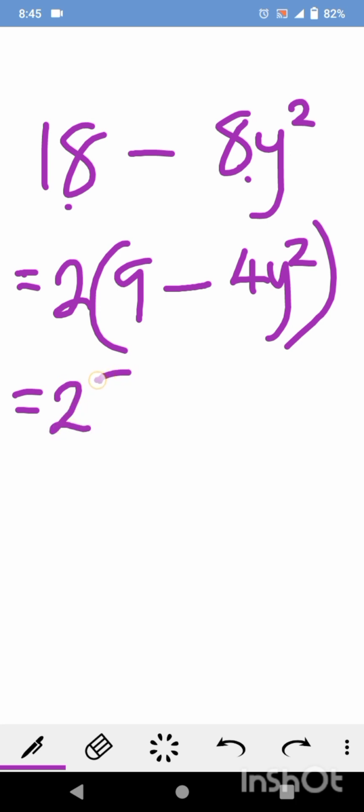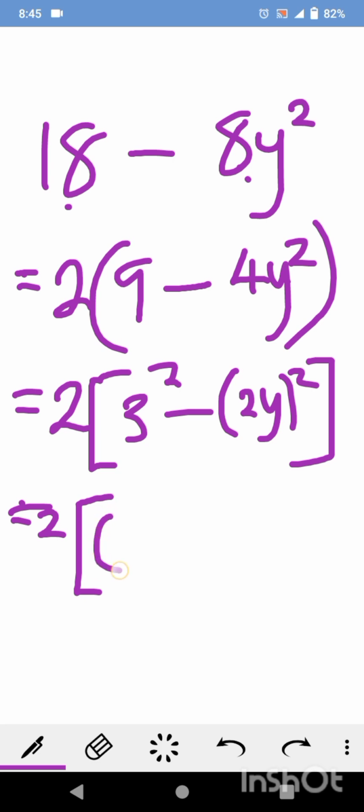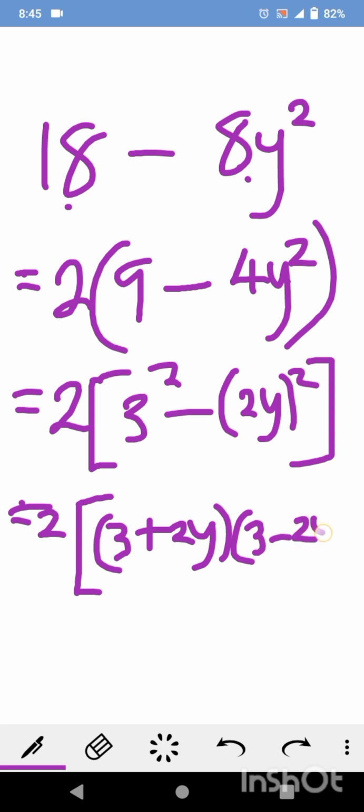So our 9 will now be 3 raised to the power 2 minus our 4y squared will now be 2y all squared, and this will now be expanded as 2 open bracket 3 plus 2y, open bracket 3 minus 2y, close bracket, and the square bracket.